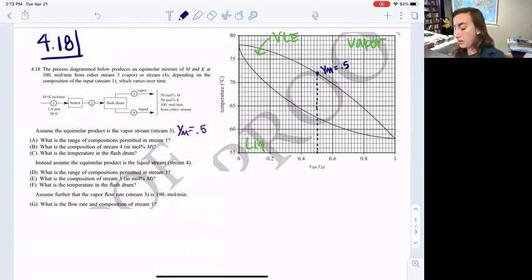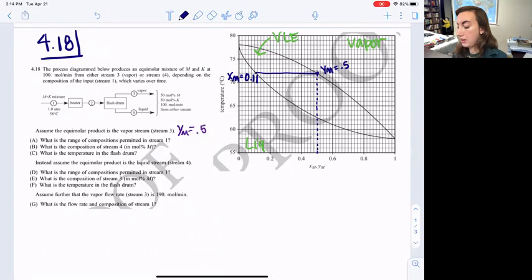And then we can draw our tie line all the way over to the liquid region, and we can read that mole fraction off, and we're going to find that our liquid mole fraction, Xm, equals 0.11.